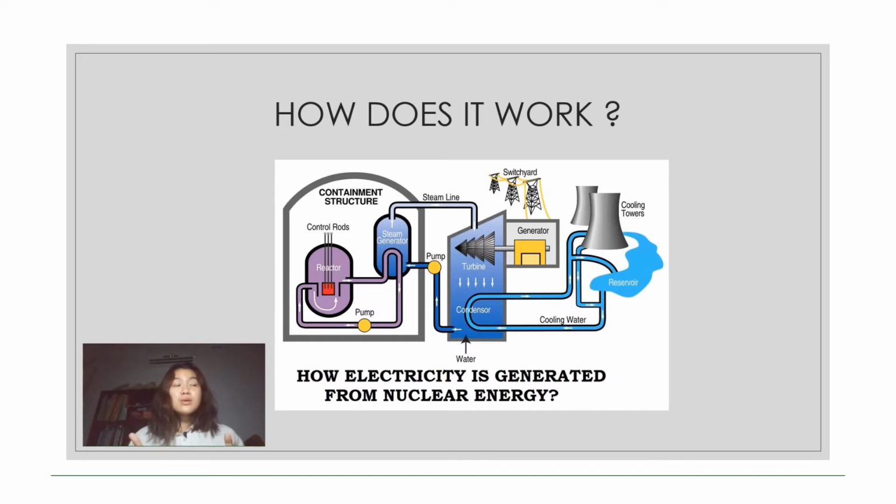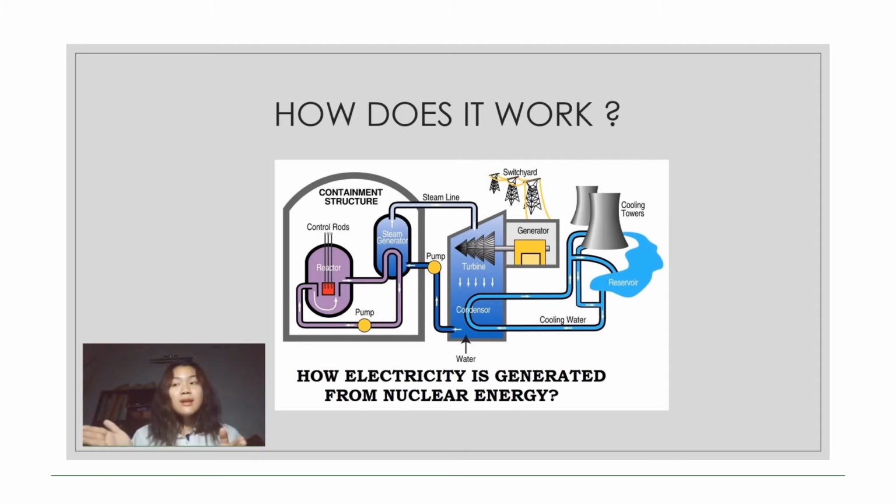How does nuclear power work as an electrical generator? Firstly, we need to know that nuclear power is stored in the nucleus of an atom and released as its nuclei are split.